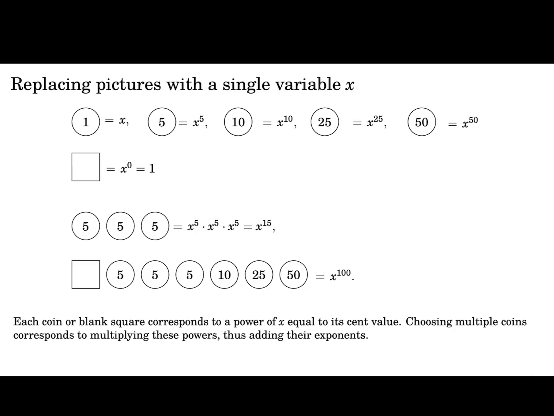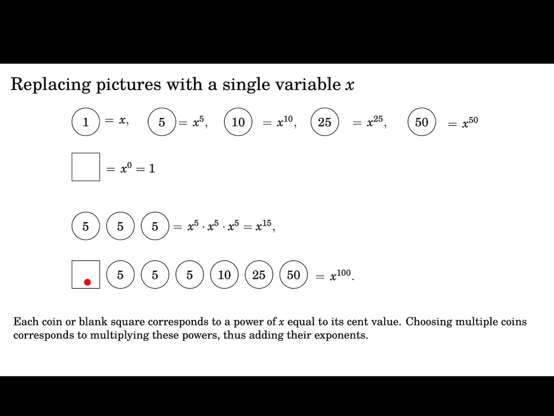And so when we write things like this, selecting, for example, 3 nickels is the same as multiplying 3 of these, because when you multiply these variables, they sum the exponents. And so 3 nickels gives you one way of getting 15 cents.